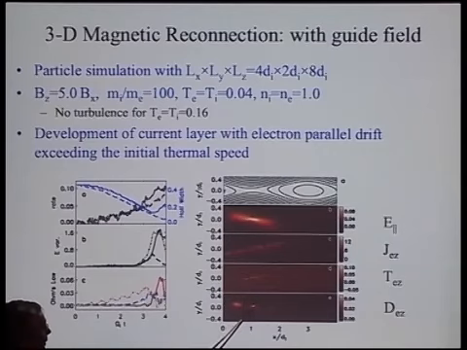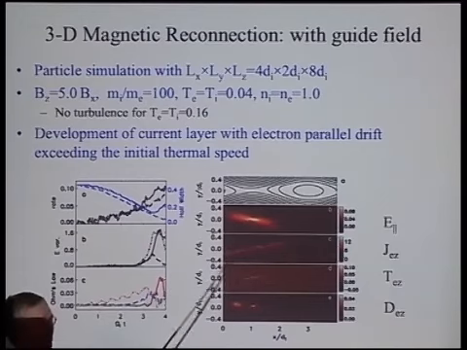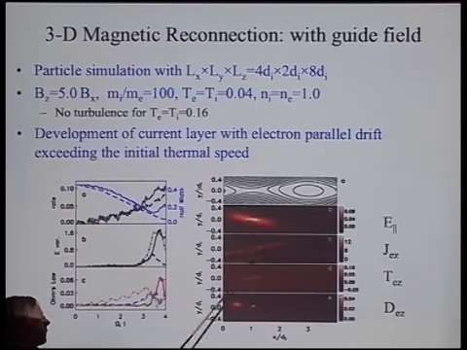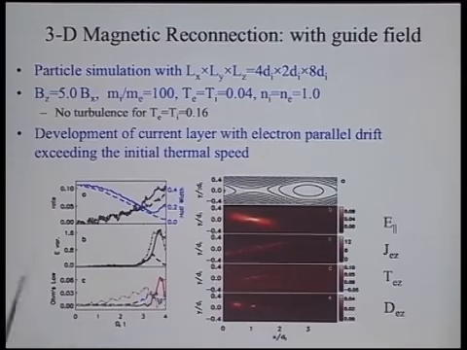In fact, the drag term isn't even peaked along the current layer. So this is not anomalous resistivity, even though we're talking about drag. It's not anomalous resistivity because it simply doesn't even peak where the current is the largest. It peaks in the region where you have a parallel electric field, but it doesn't even peak in the region where you have the dominant current.